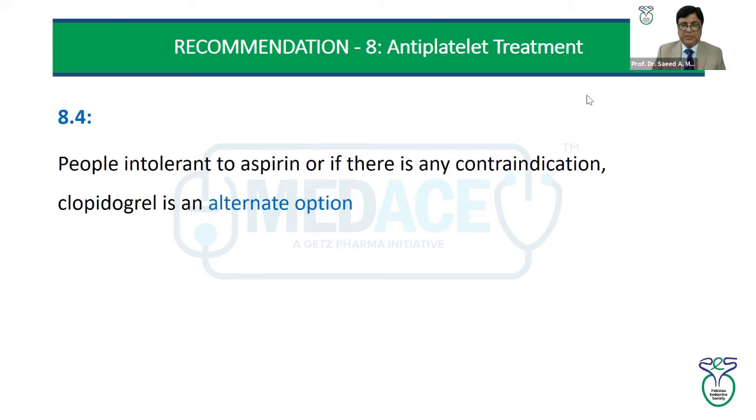An important question sometimes asked by junior colleagues is: what should we do with someone who is not tolerating aspirin? Then definitely the other option is clopidogrel, which should be given as an alternative to aspirin to these patients.